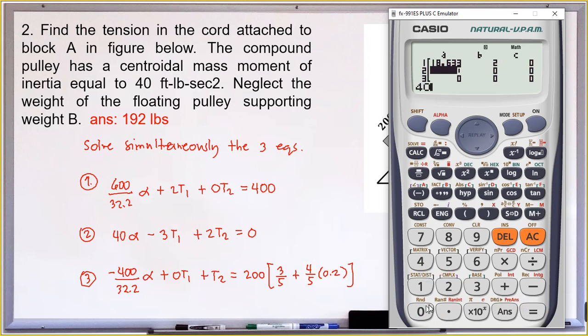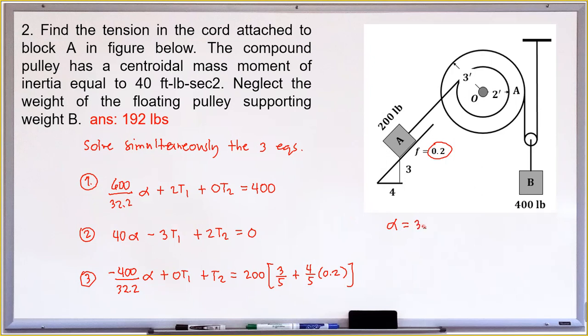The next row: 40 alpha, negative 3T1, 2T2, and 0. Finally, negative 400 divided by 32.2, then 0 for T1, 1 for T2, and 200 times 3 divided by 5 plus 4 divided by 5 times 0.2. So we have alpha equal to 3.19 rad/s².